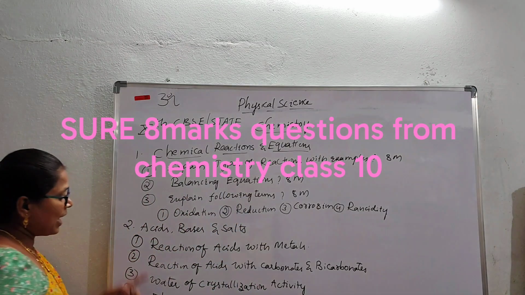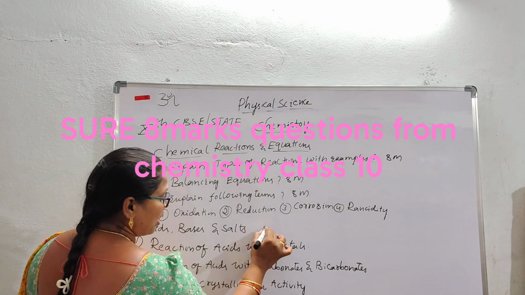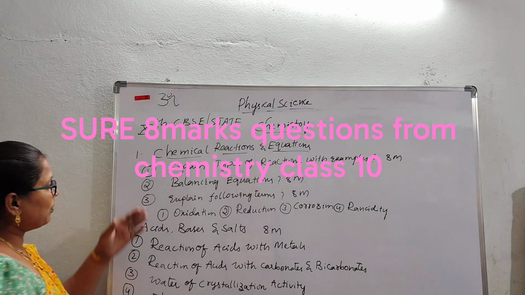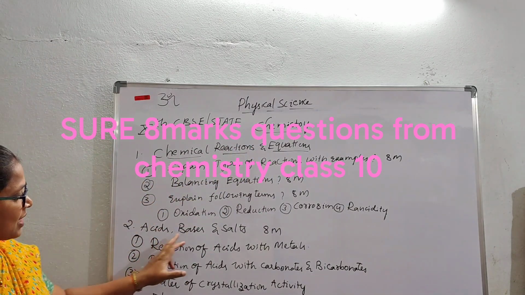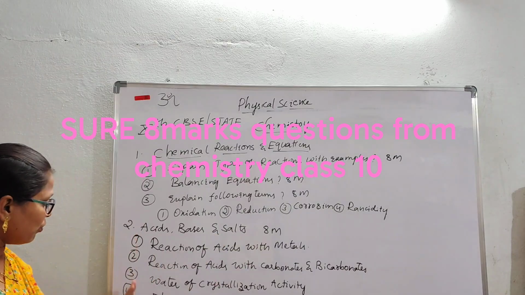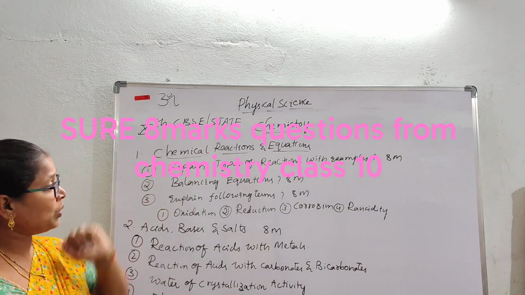So from acids, bases and salts, these are the 4 important 8-mark questions. From chemical reactions and equations we have 3 questions, and from acids, bases and salts, these 4 questions. Let us see the other 2 lessons.